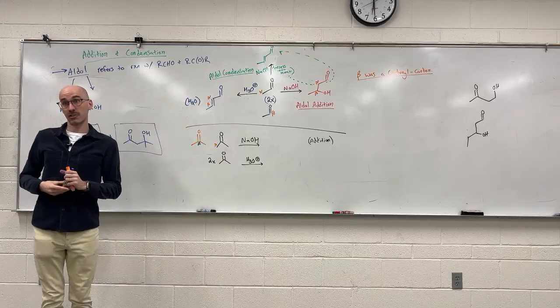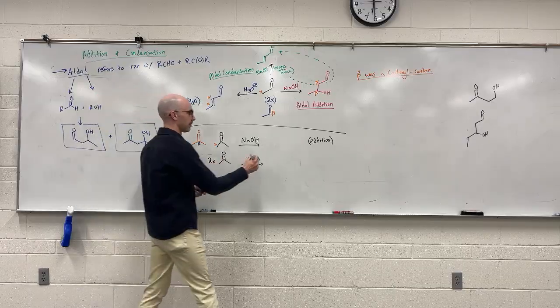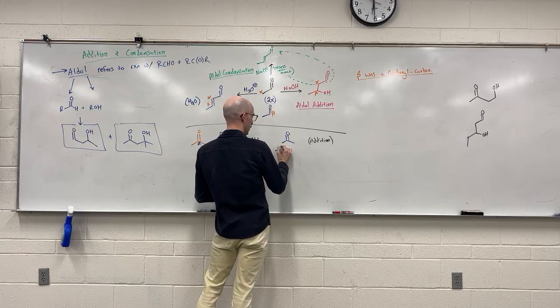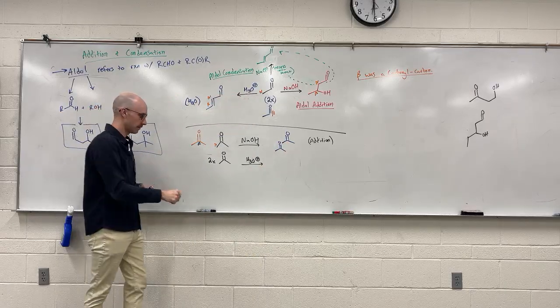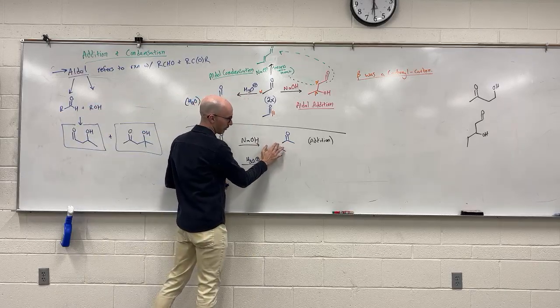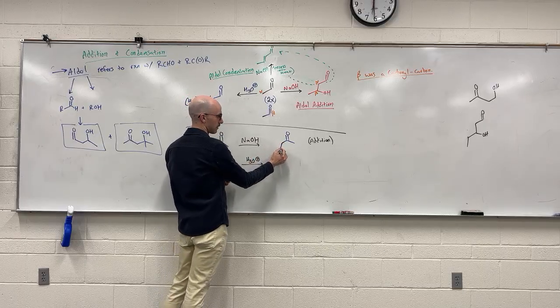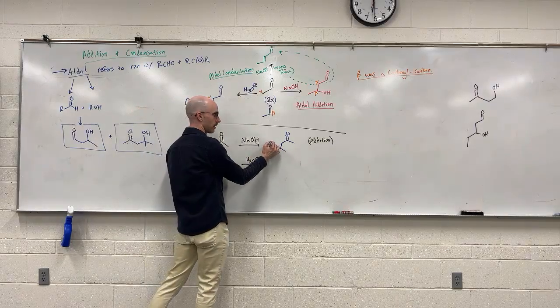Some tricks on how to draw these now that you've already kind of wrestled through it. I'm going to draw my two equivalences next to each other. Get rid of my carbonyl because that's actually going to be attacked, in the acyl addition.